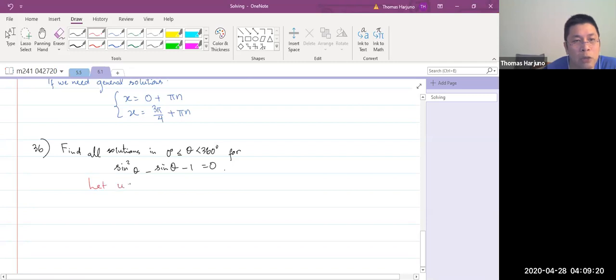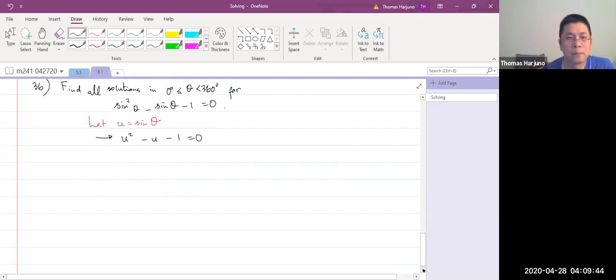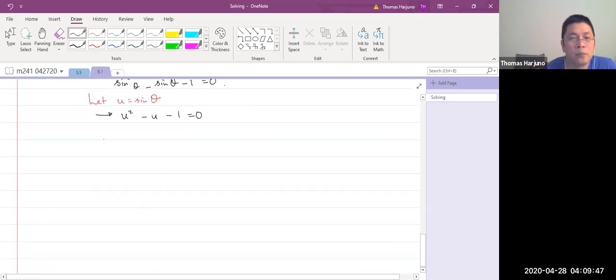Let u equal sine theta. So my equation now becomes u squared minus u minus 1 equals 0. And then, by the quadratic formula, u equals... what is the a, by the way? 1.